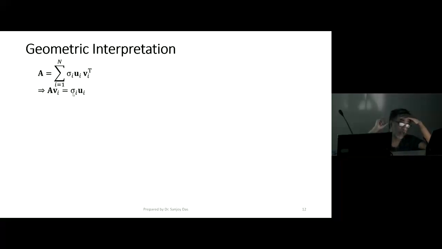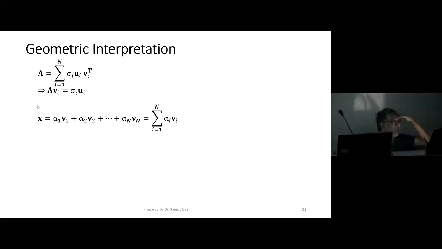But that's only in the case of a square matrix. Now we are dealing with a rectangular matrix. Okay, so A vi equals sigma i ui. Why? Because vi transpose vi is 1 and vi transpose vj is 0. The V's are mutually orthogonal and unit vectors.